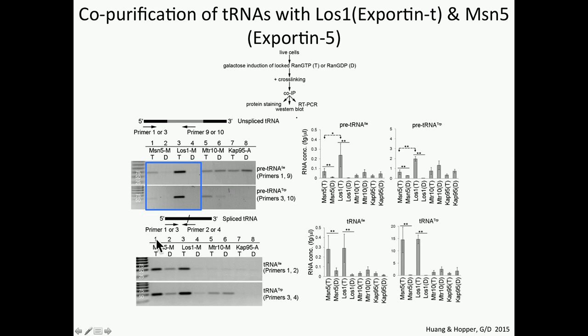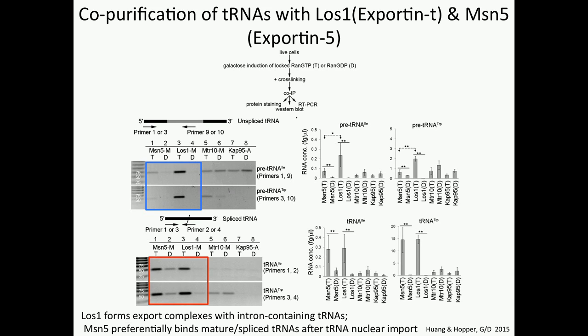In contrast, the mature tRNAs co-purify with both MSN5 and LOS1. So this verifies the genetics, which says that LOS1 participates in the initial export of intron-containing tRNAs, and LOS1 and MSN5 participate in the re-export process.